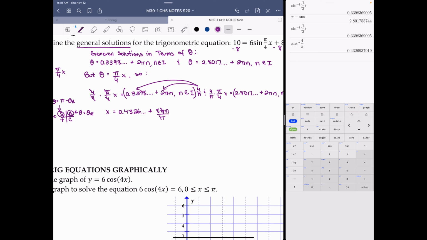Then the pi's divide out, and n is an element of the integers. So this solution would be x equals 0.4326 plus 8n, where n is an element of the integers.